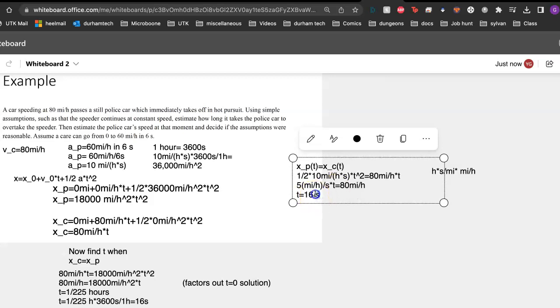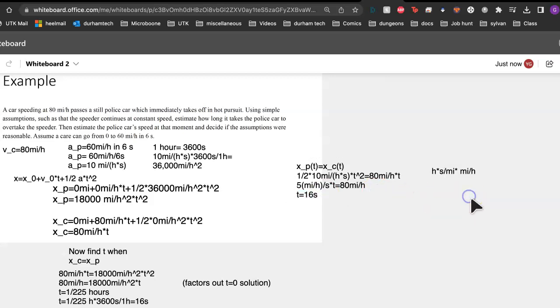The trick to get the answer of 16 seconds, and excuse me right there, is we have to pay attention to our units. So we're dividing both sides not just by the 5, but by the miles per hour per second. So effectively, when we divide across the equal sign, excuse me, we are going to multiply the miles per hour on this side by hour second divided by mile on this side.